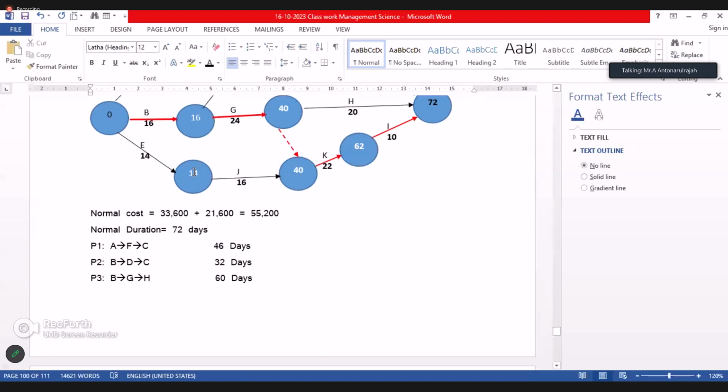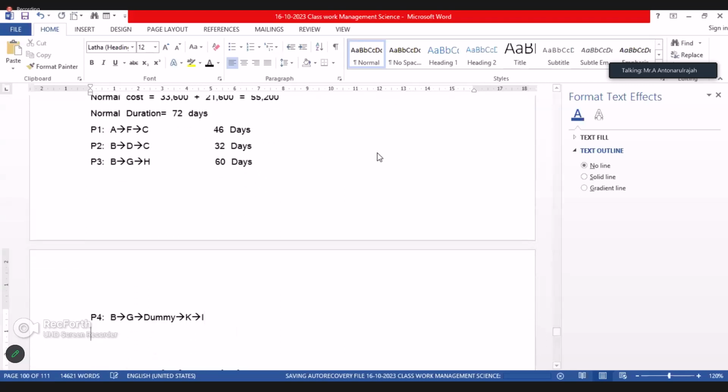The last one is about E, J, K, O. P5: J, K. It is 62, because there are 5 paths.